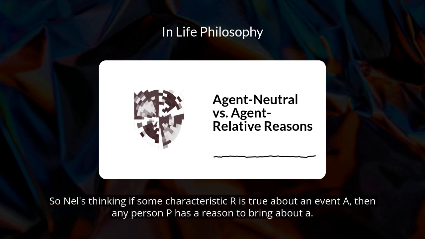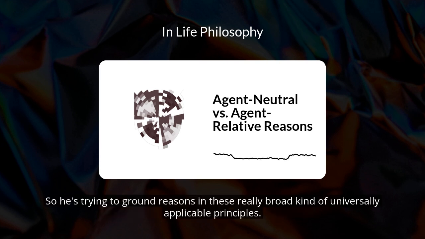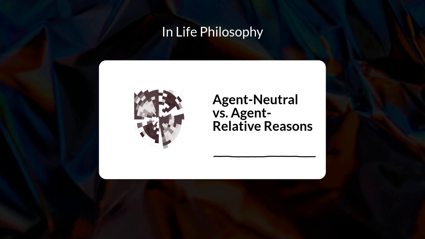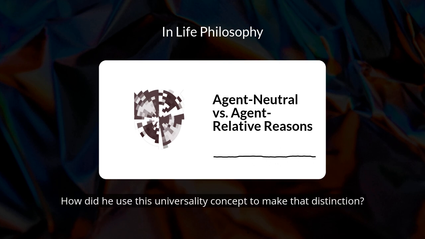So Nagel's thinking is, if some characteristic R is true about an event A, then any person P has a reason to bring about A. He's trying to ground reasons in these really broad, universally applicable principles. So how did he differentiate between a subjective reason, which we now call agent relative, and an objective reason, which we now call agent neutral? How did he use this universality concept to make that distinction?